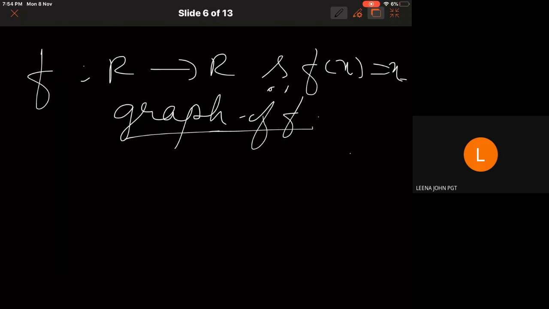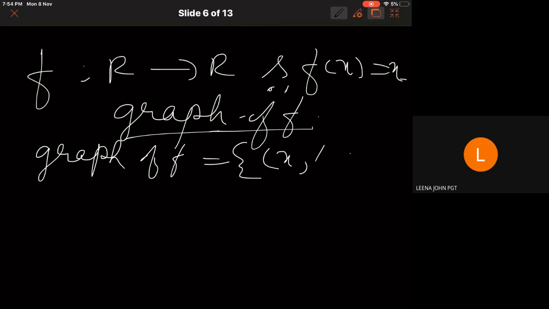It is coming to analytical geometry, and you are putting all the points or all the elements in the Cartesian plane, you will get the graph. Or graph of f is the set of all x and f of x. ये पूरा अगर plot करेगा then you will get the graph of the function.